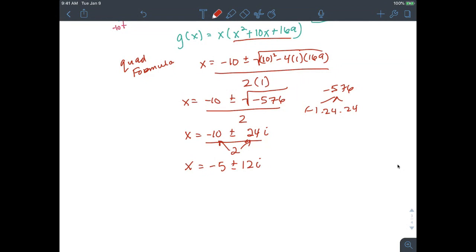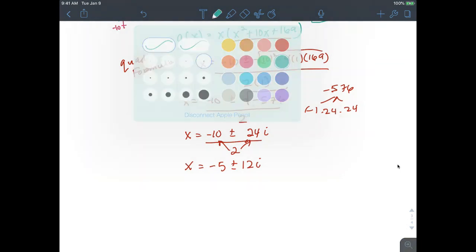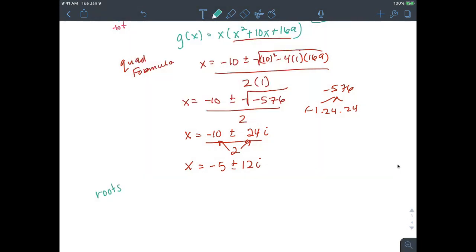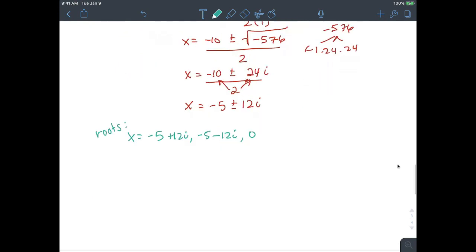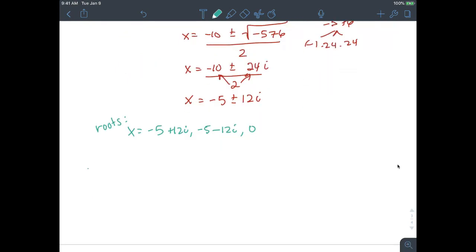That means that my roots are x is equal to negative 5 plus 12i, negative 5 minus 12i, and 0. I can write my equation as a product of linear factors, like so.